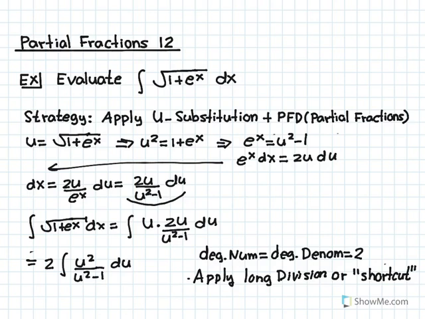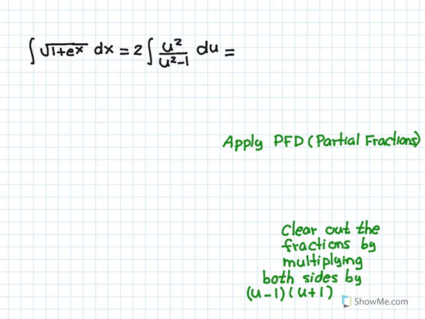But here we're going to do a shortcut that's just faster than doing a full long division. So we applied u substitution, and we transformed the integral to 2 times the integral of u squared divided by u squared minus 1 du. Here's the shortcut. We're going to rewrite the numerator as u squared minus 1 plus 1, divided by u squared minus 1.